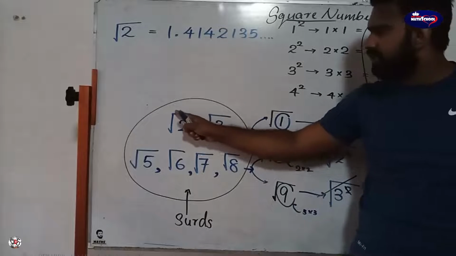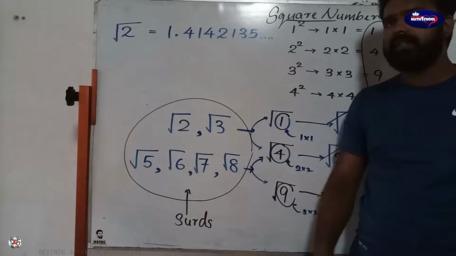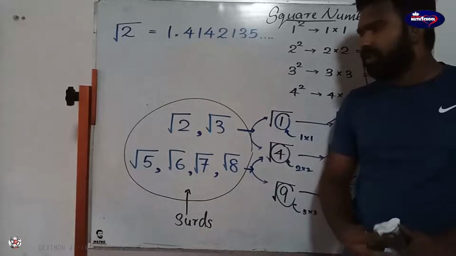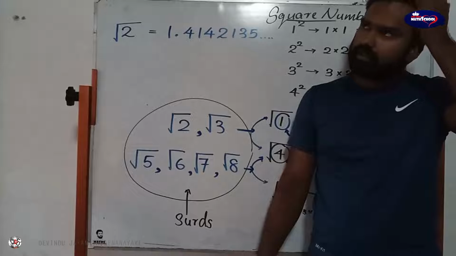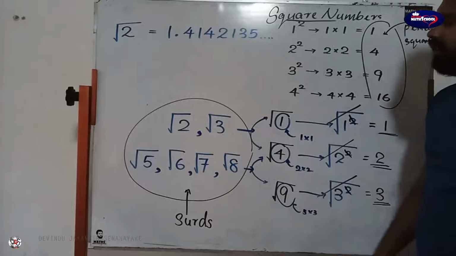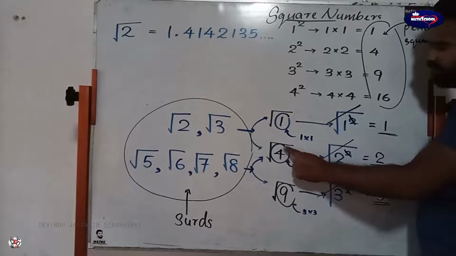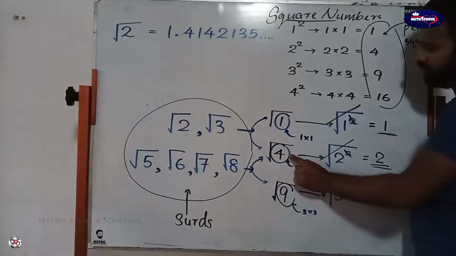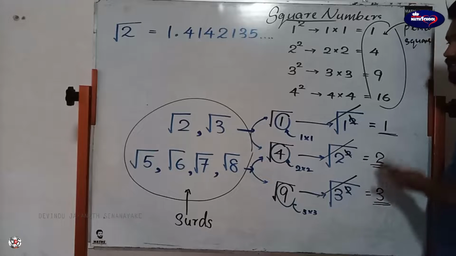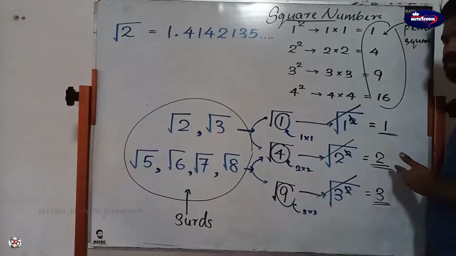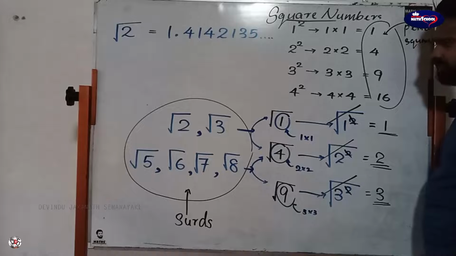If you use this square root symbol, that means the radical sign, on any number, do you obtain a surd? No. Why? If you put the radical sign to 4, we can simplify and take the answer as 2. It is a rational number, so it is not a surd, my dear. That's it.